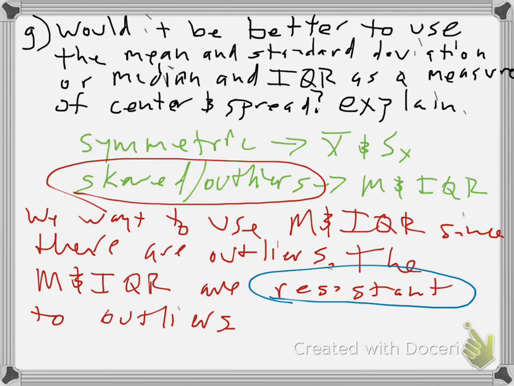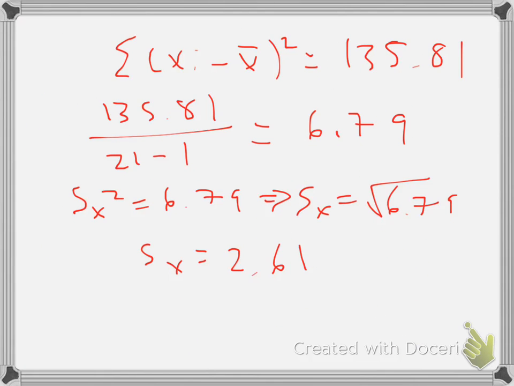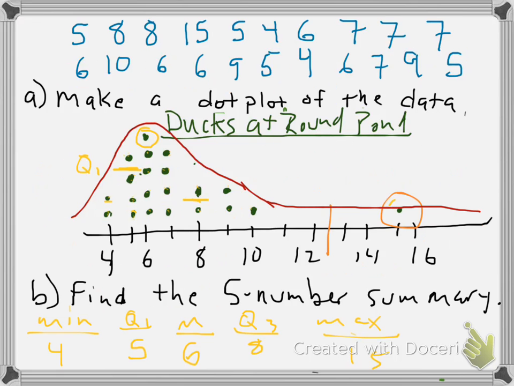In the context of the duck problem here, what was the median? The median was 6, and if you recall, the mean was about 6.9, or 145 divided by 21, which is 6.9.